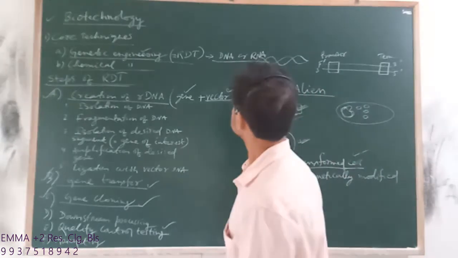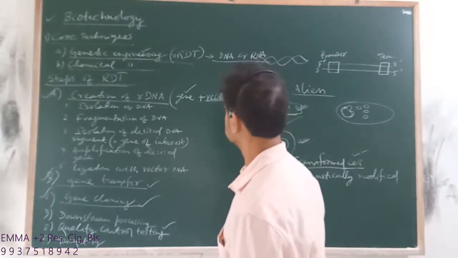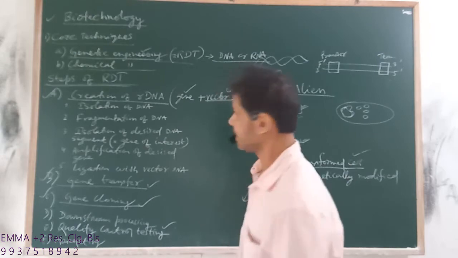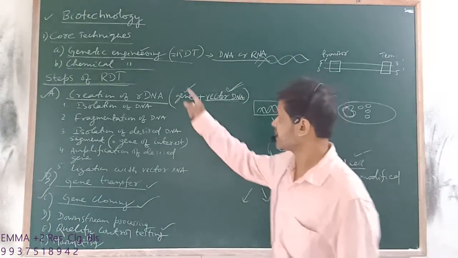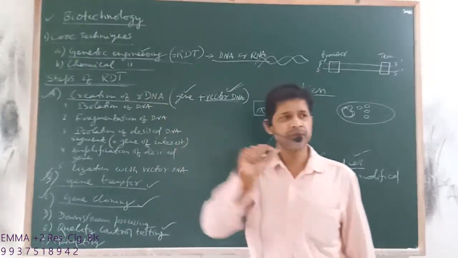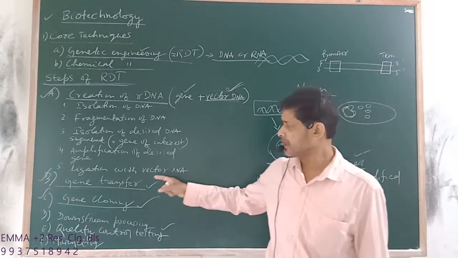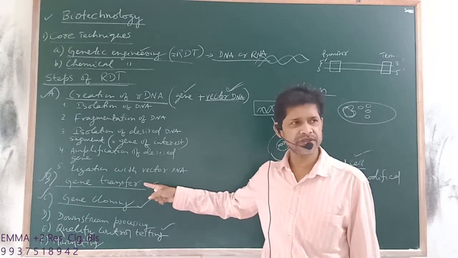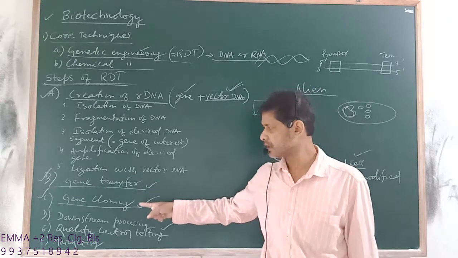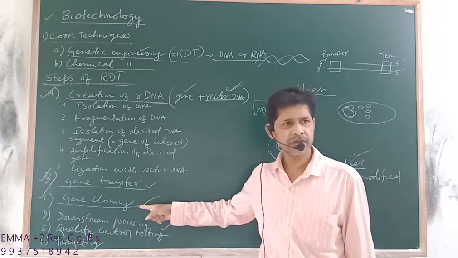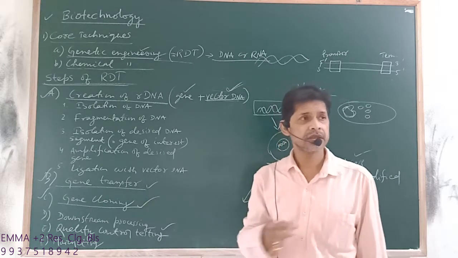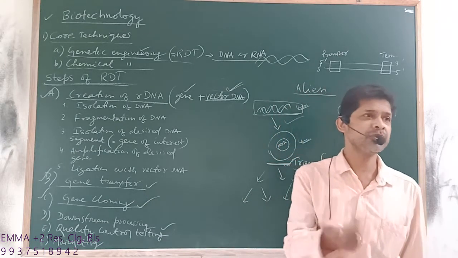So biotechnology involves two core techniques: genetic engineering and chemical engineering. In genetic engineering we manipulate the chemistry of DNA and then introduce that DNA into the cell, and then we clone it so that the phenotype will be changed.